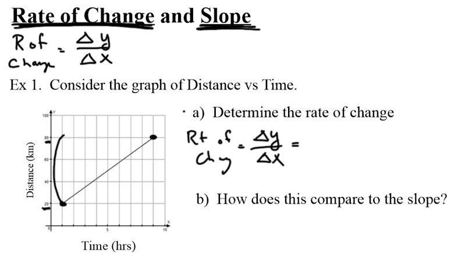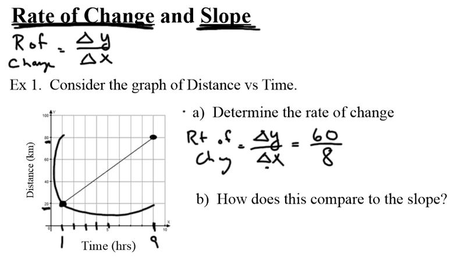The change is positive 60 because we're going up. And our horizontal change, well, 1, 2, 3, 4, 5, these are all single values. So we're going from 1 up to 9. So from 1 to 9, horizontal change is 8.